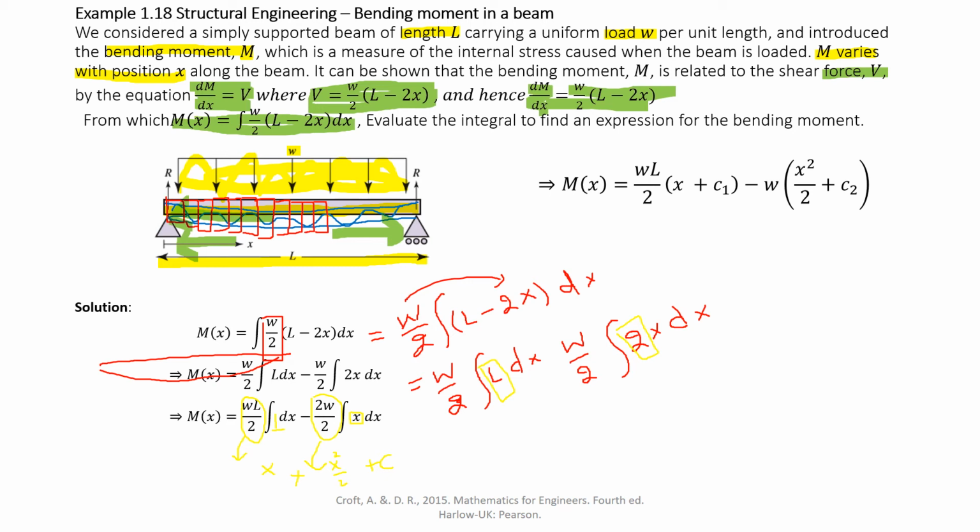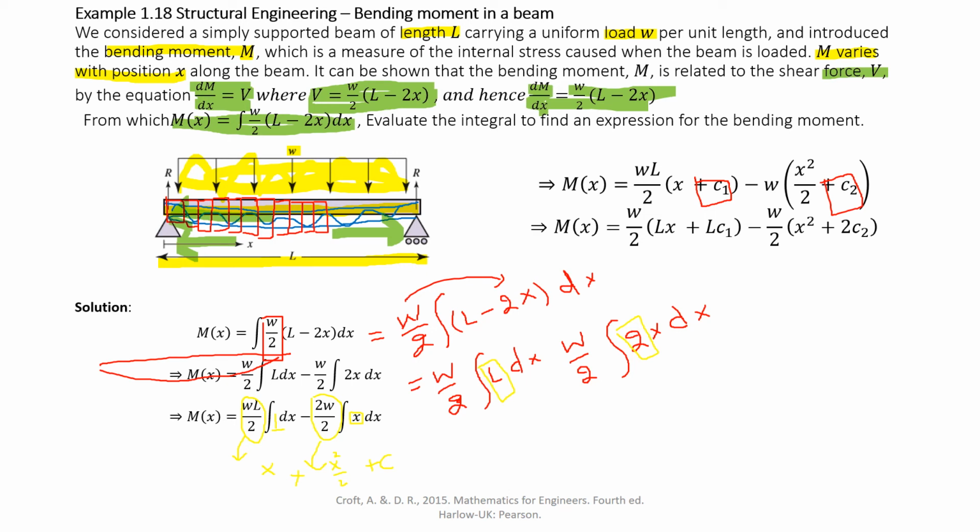This yellow is not visible. So if you like, do not write this, your option. At the end only 1 C is enough.